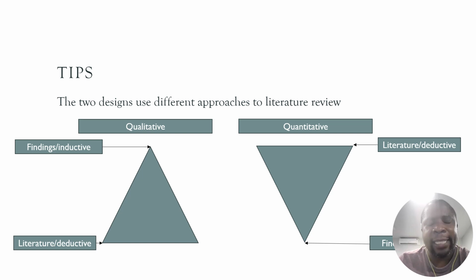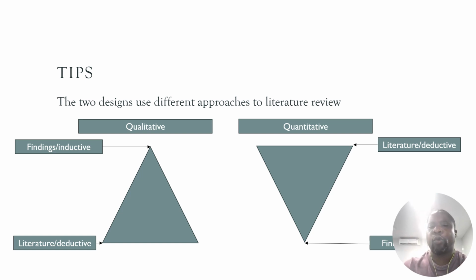So qualitative: the top part is the findings, and the bottom part is the literature. A good qualitative study uses an inductive approach. You start from a finding, then you go into literature. That's a good qualitative study.